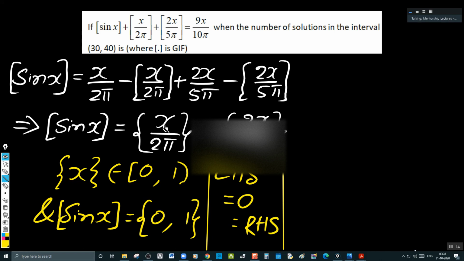What is the fractional part of an integer? 0. That means it must become an integer.